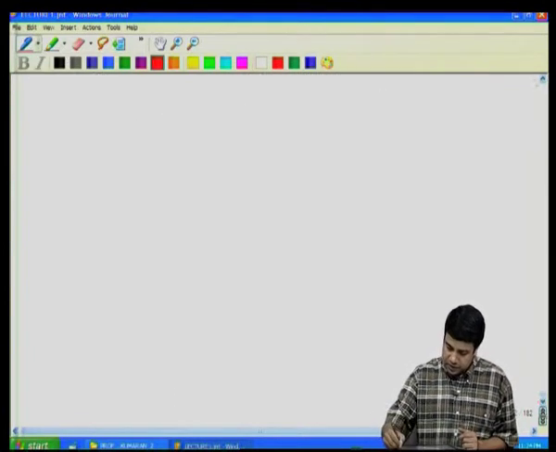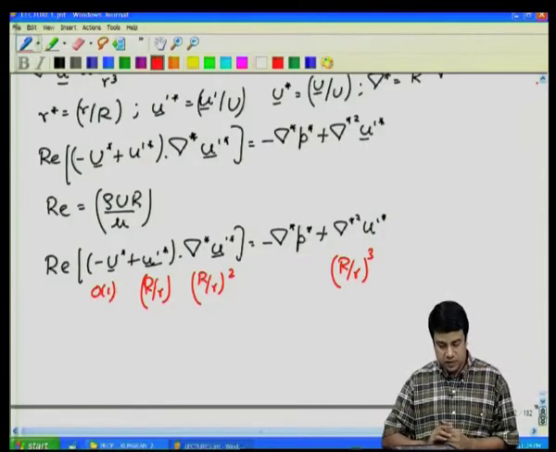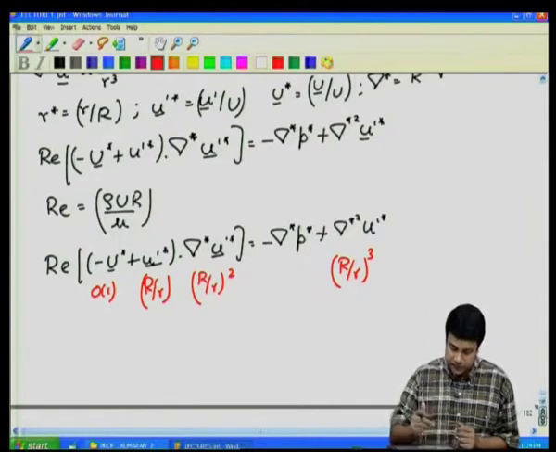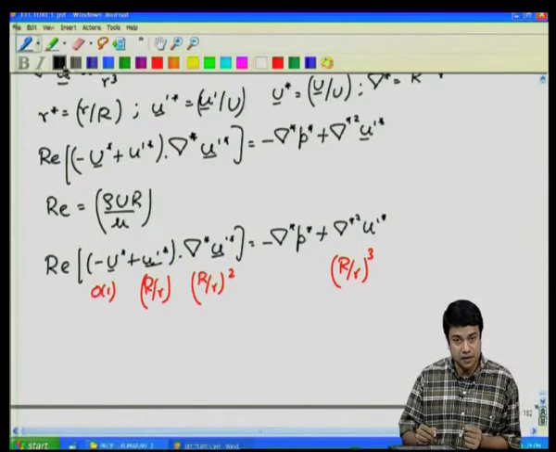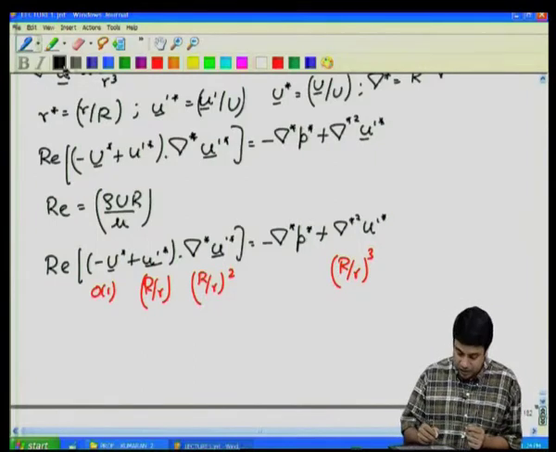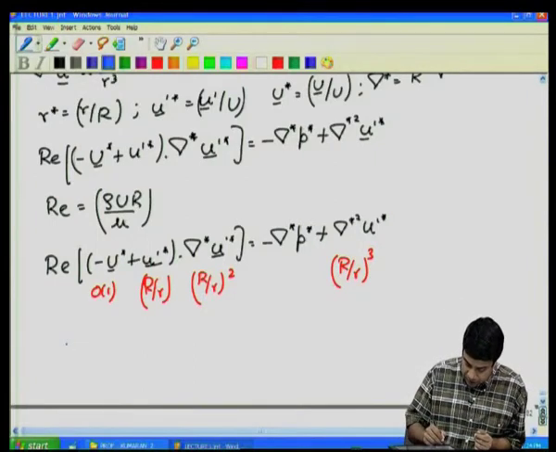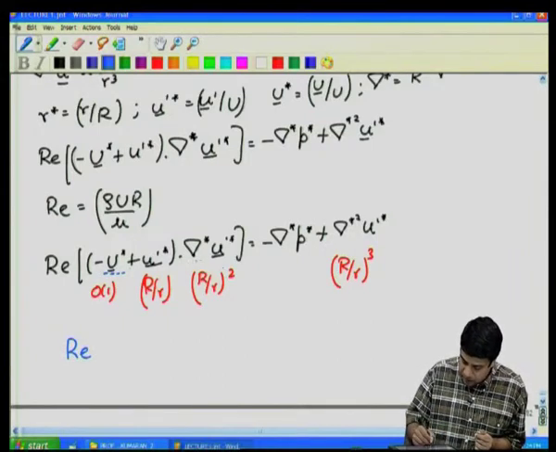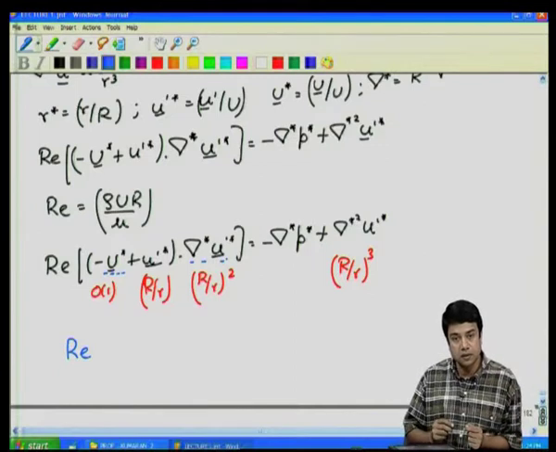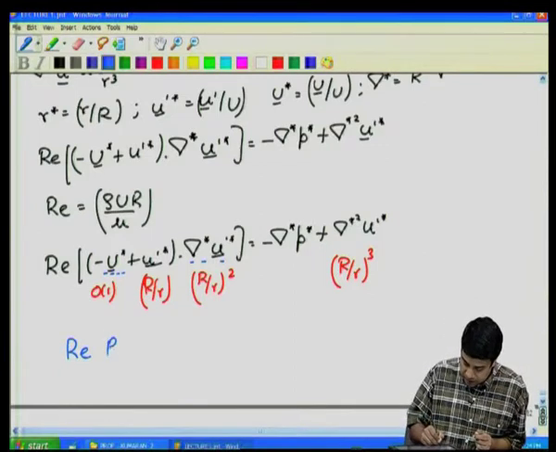The assumption in the Stokes flow equations is that the Reynolds number is small. However, you can see that the largest term on the left hand side is proportional to the Reynolds number times u prime star multiplied by the gradient of u star. So, it is Reynolds number times R by r the whole square.